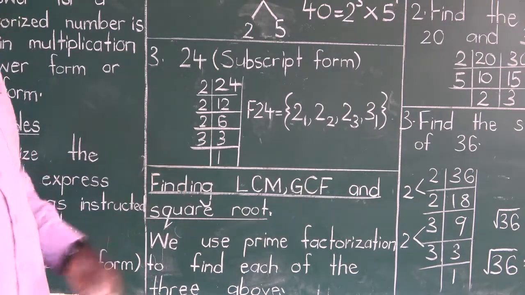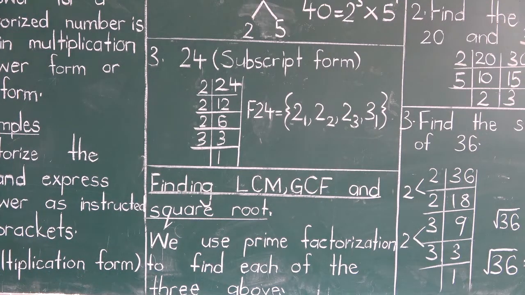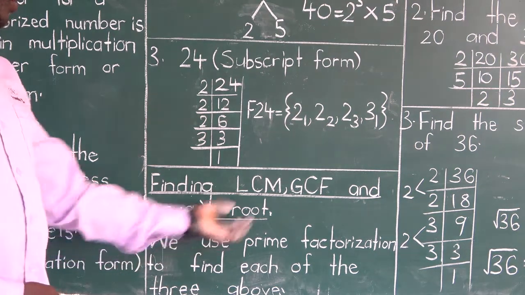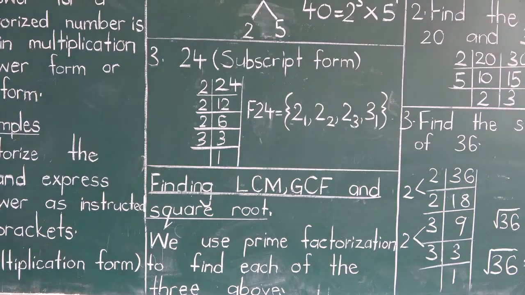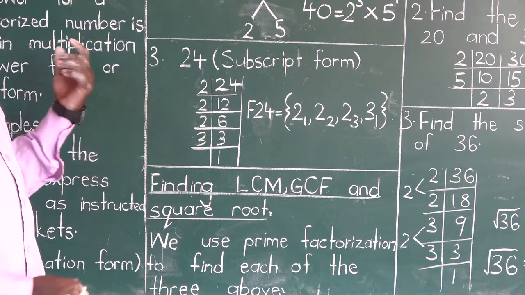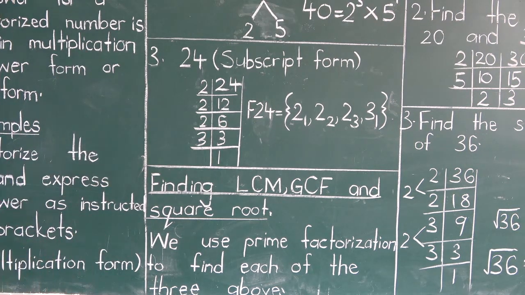So when you find any of those four, you answer the same way. And then square root, like I was explaining the word square, I said 2 times 2 is 4. 4 is the square of 2. The 2 is the square root, and the 4 is the square.